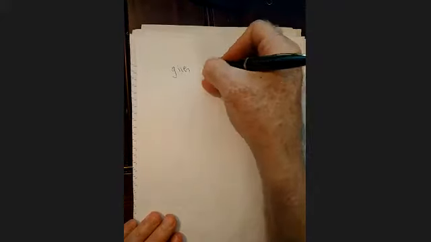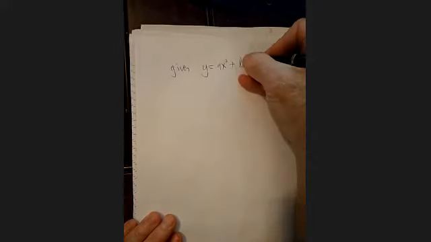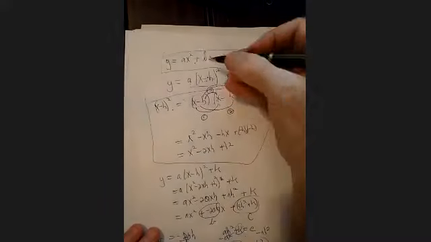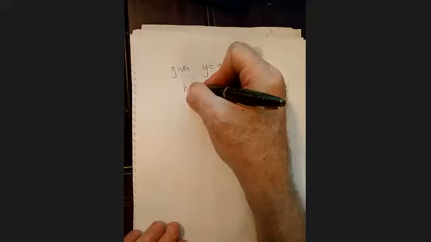So what we showed is that given y equals ax squared plus bx plus c, what I found by doing all this algebra was that h is b over minus 2a. I gave you that formula in the last class.